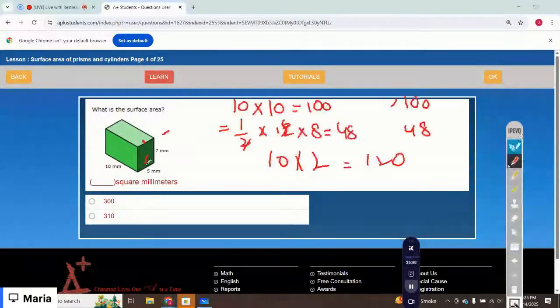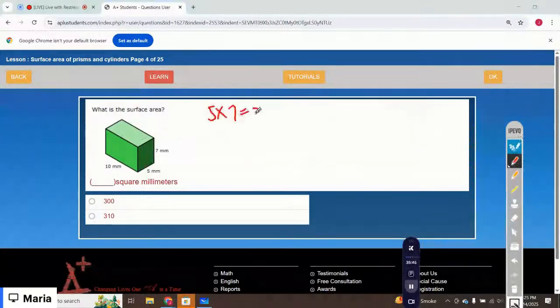So the surface area of this space is 5 times 7, that is 35.